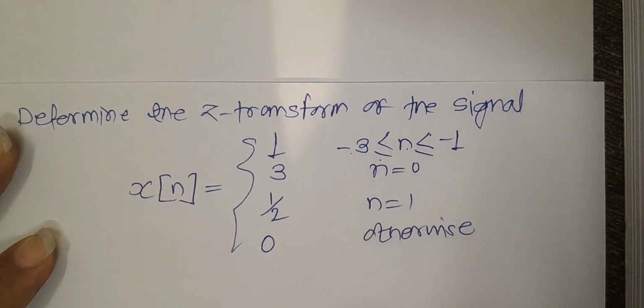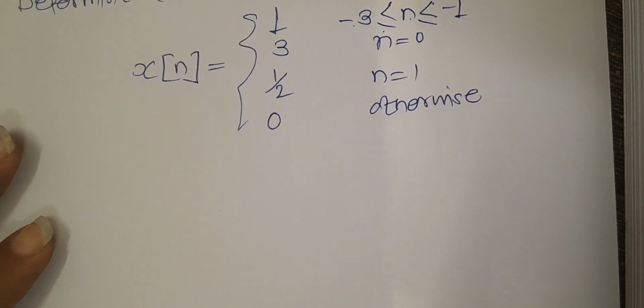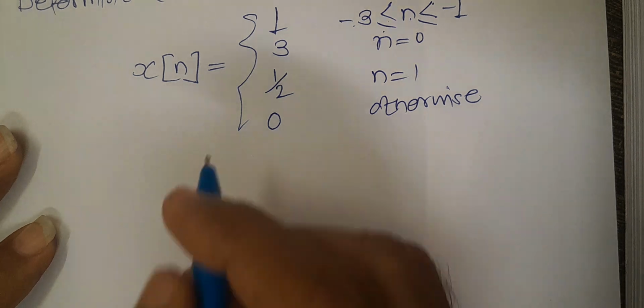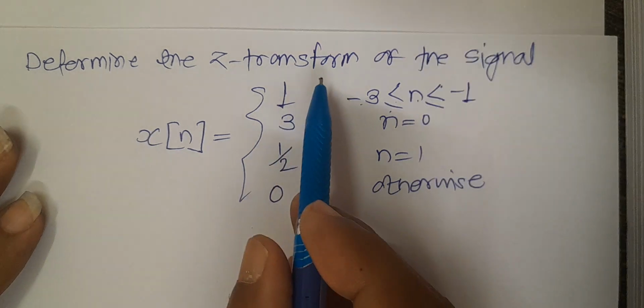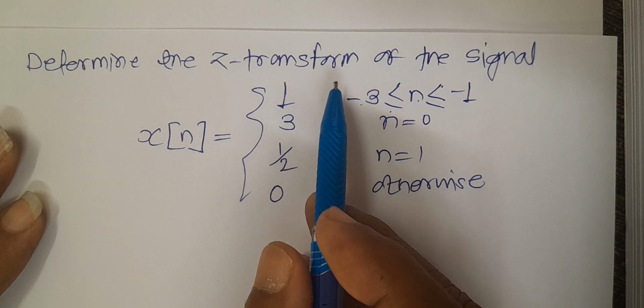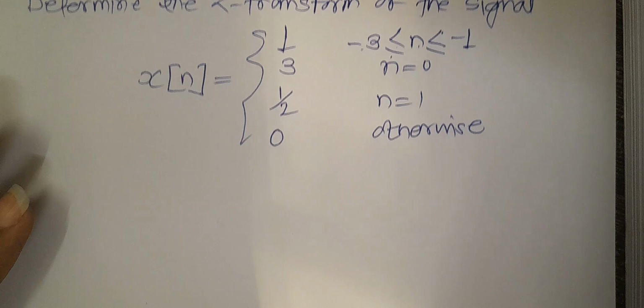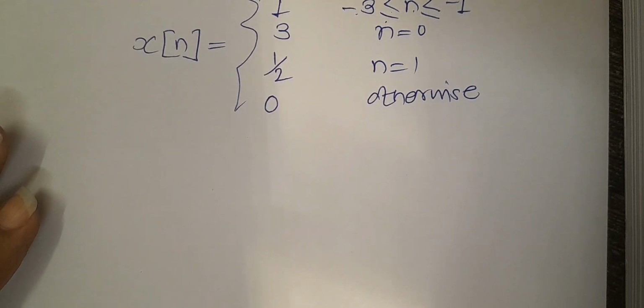We have to find the Z transform and use the Z transform to determine the discrete time Fourier transform of x of n.